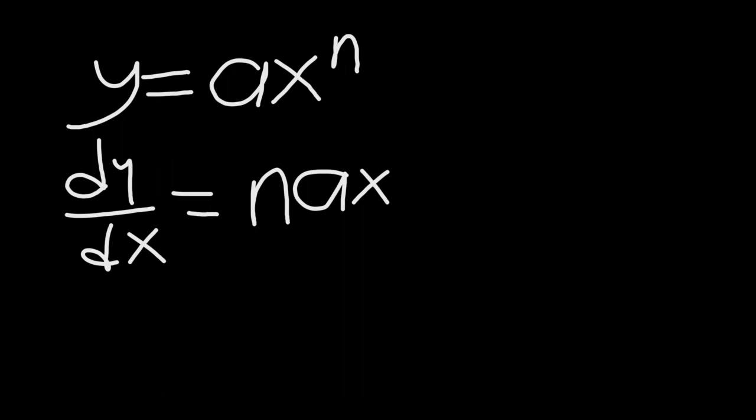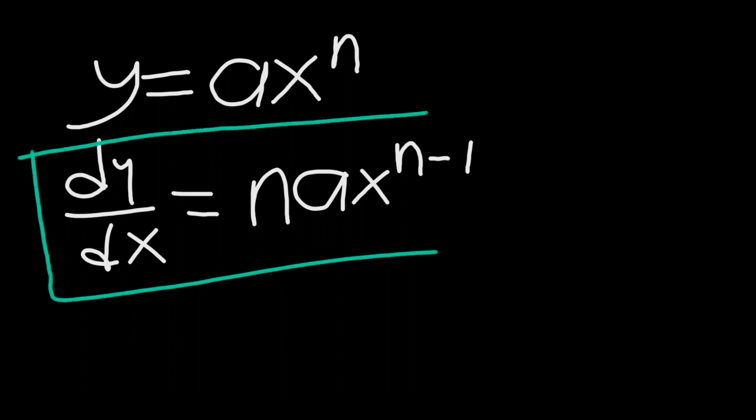So we have n minus 1. So what you have here is the power rule that we shall be using to find the derivative of a function. Let's begin with some examples.